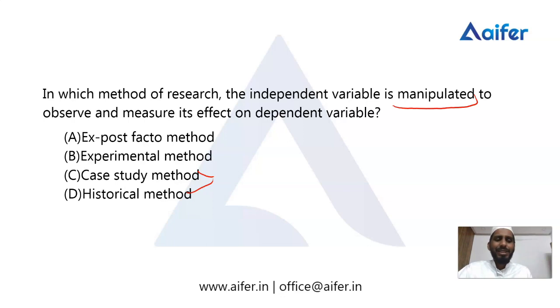Let's take an example here for better understanding. For the experimental method, a researcher is trying to measure the effect of a drug on memory. Here the independent variable is the drug and the dependent variable is memory.